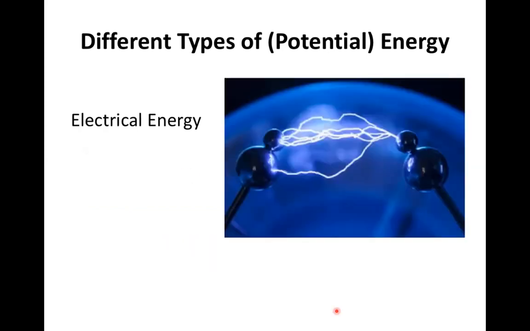If you think about a battery and you've got a negative terminal and a positive terminal, it's as if you're holding all the negative electrons at the negative terminal. And once you connect the wire to the light bulb and then to the other side, you're providing a path from the negative side to the positive side to allow the electrons to travel from the negative side to the positive side.